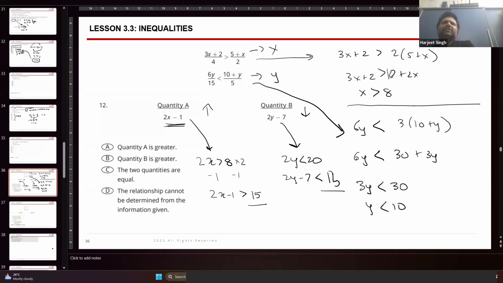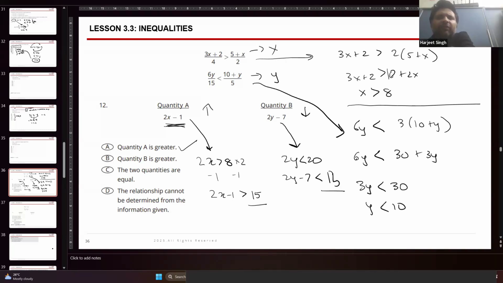So it seems that we might not be able to solve it because these are inequalities, but when we look at the expressions and simplify for the expressions, one expression is greater than 15, the other is less than 13. So clearly A will be higher than B. I have a question: if B was less than like 17, then the answer would be D, right?